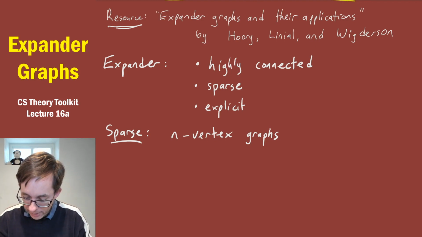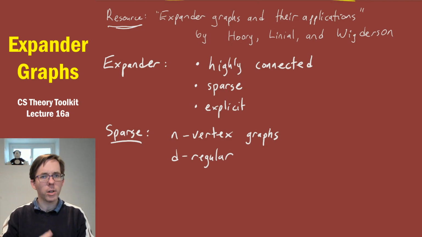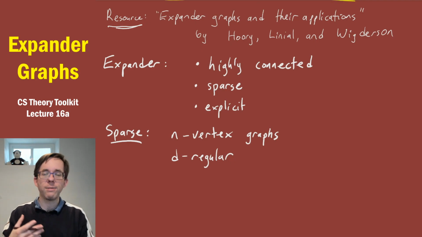So what I mean by that in more detail is the following. We're going to focus our attention only on regular graphs for simplicity. That's typical in the study of expander graphs. As we saw in the spectral graph theory lectures, everything is 50% more pleasant and simple if you focus on regular graphs. So we will.